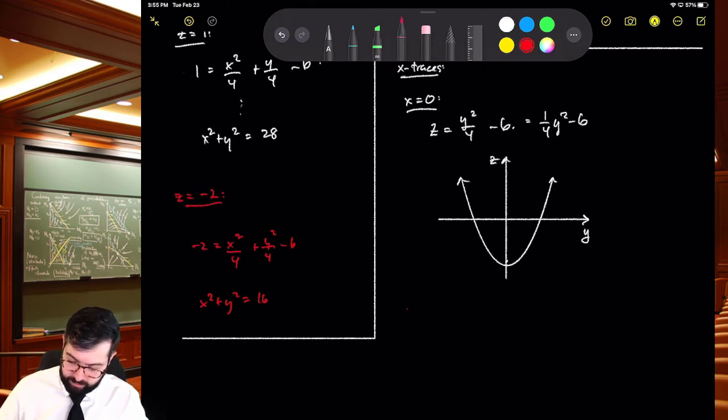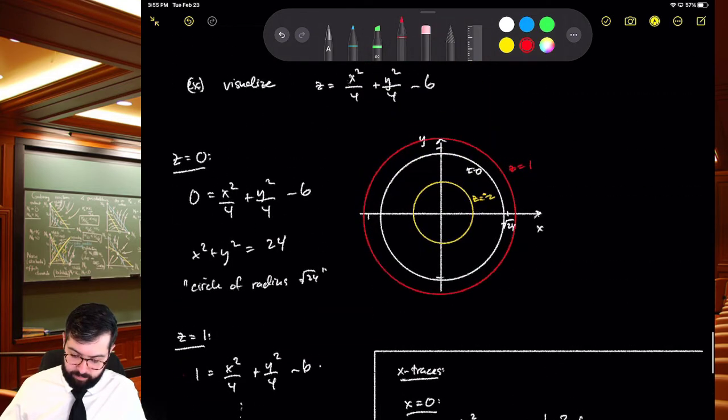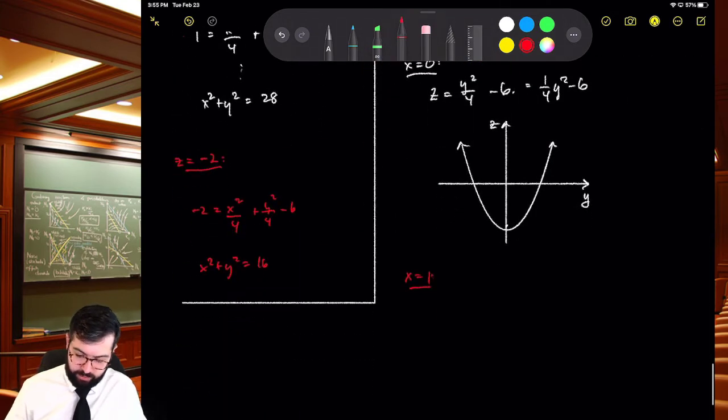And if I let x increase, what's going to happen? This is all going to shift upward. Maybe I should use a nicer value for x. All right, maybe I'll use x equals 2.